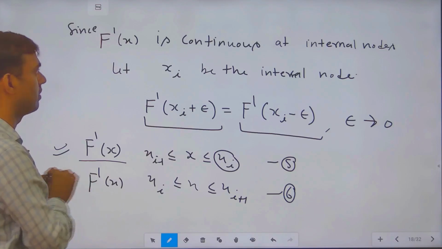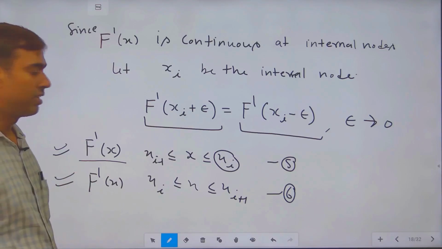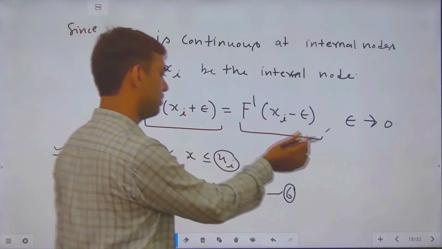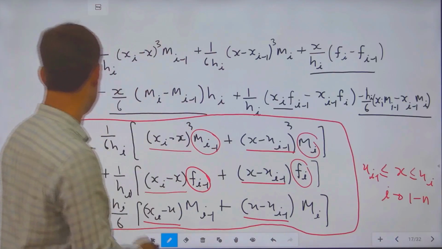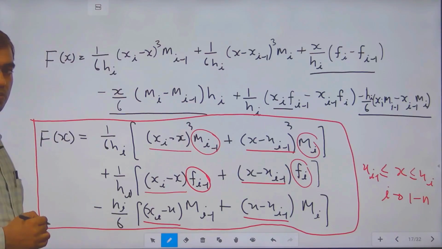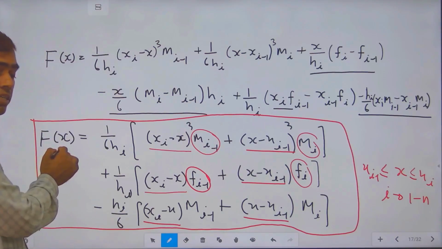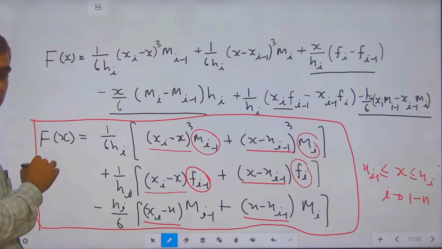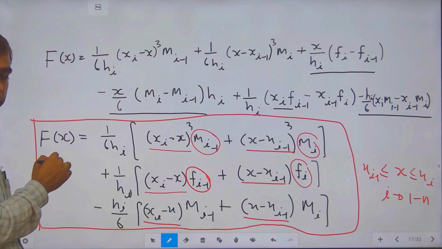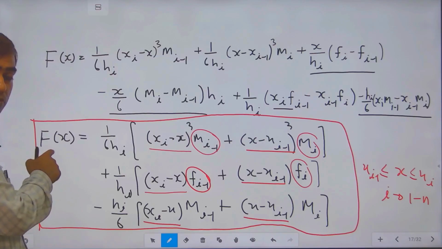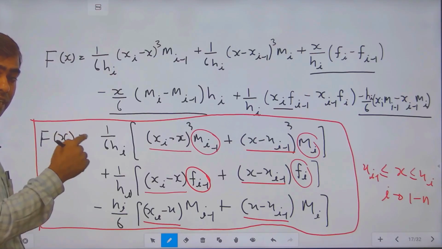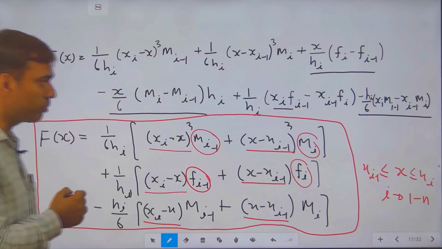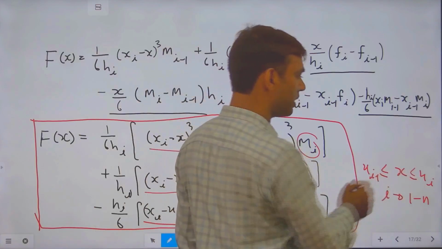How do we get the value of f'(x_i + epsilon) and f'(x_i - epsilon)? We differentiate this once and put x equal to x_i, because this one is true for x_{i-1} to x_i.